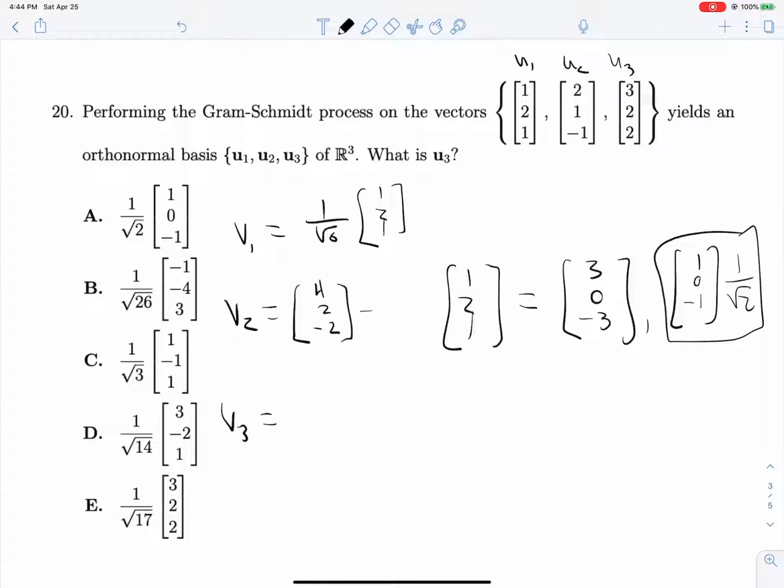So now v3 is going to be u3, which is 3, 2, 2, minus the projection of u3 onto v1.